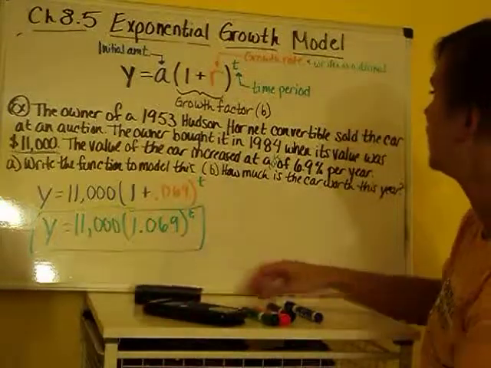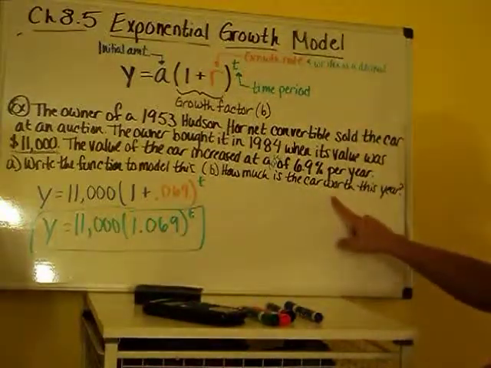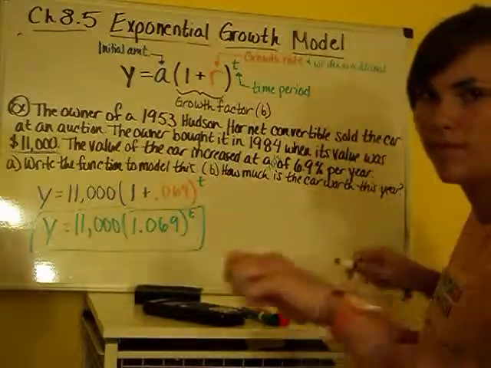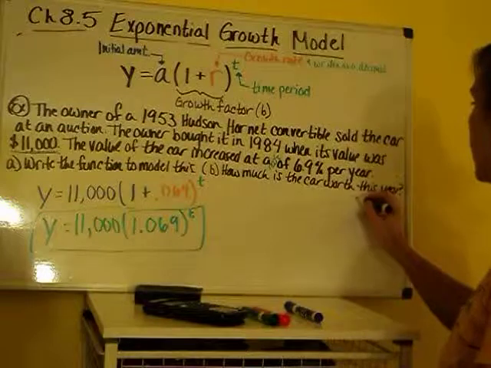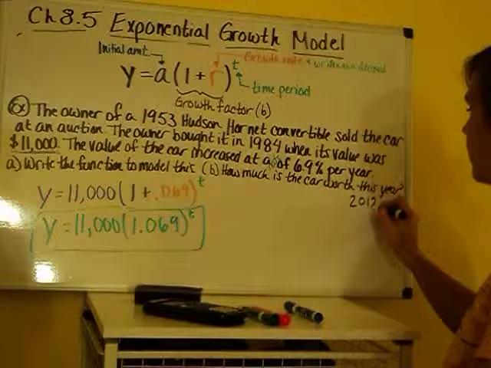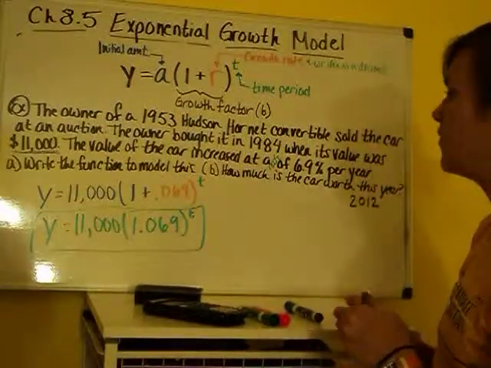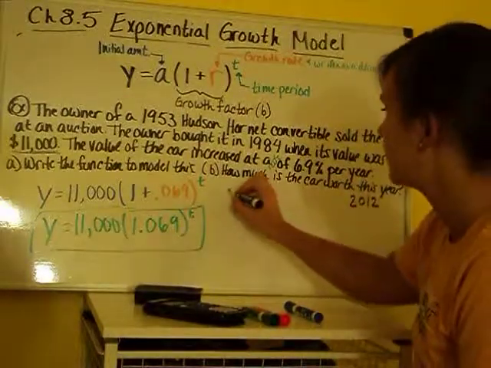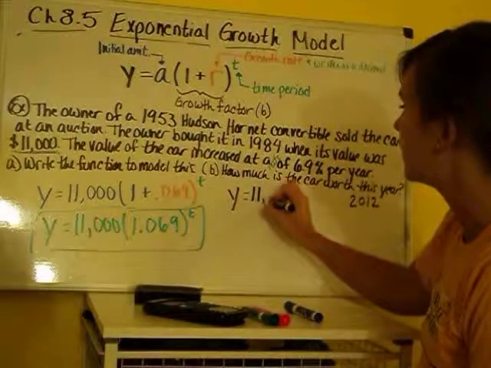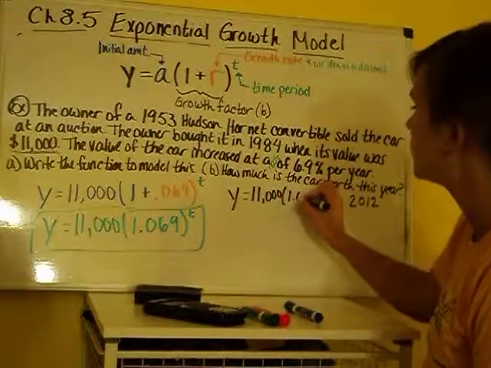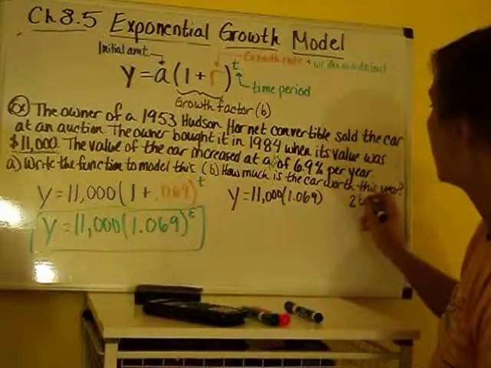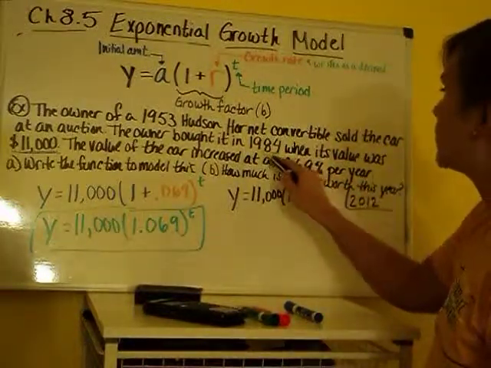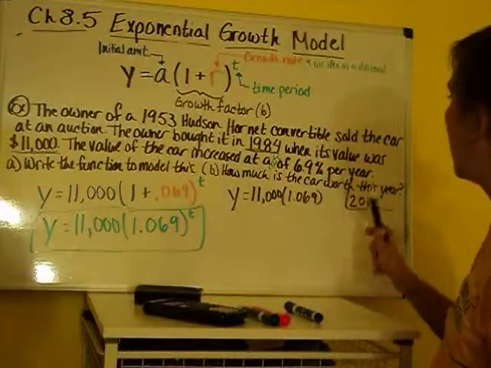Alright. Part B says, how much is the car worth this year? What is the year? You guessed it, 2012. Okay, so that means we're going to be using this guy, but we have to figure out what our t is. So we're going to have y equals 11,000 times 1.069. Now, how many years are there between 1984, which is when he purchased it, and 2012?